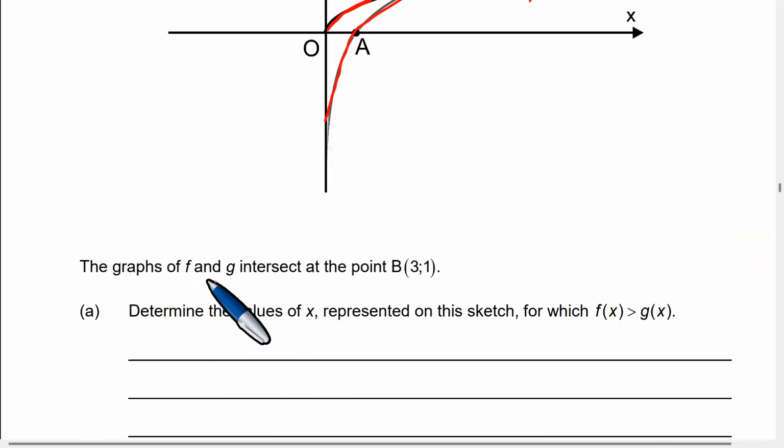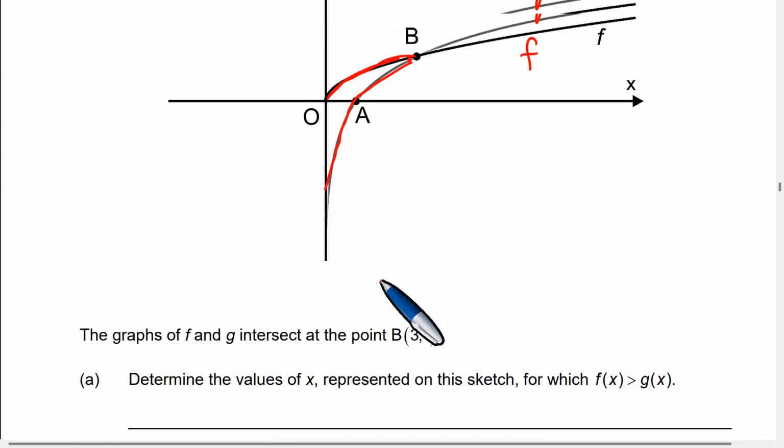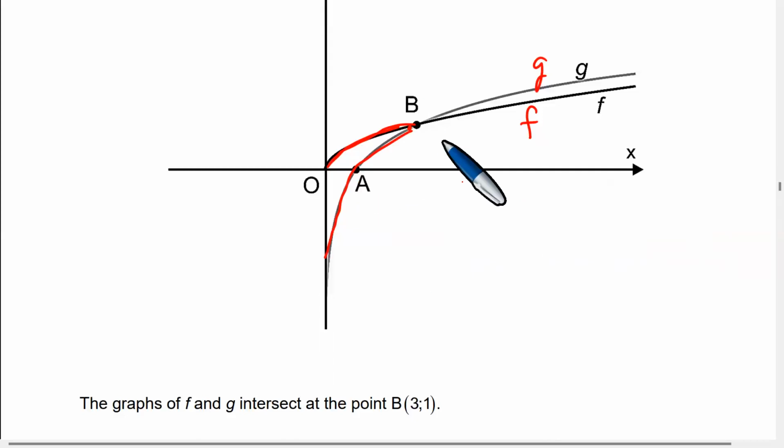The graphs of f and g intersect at point B. B has the coordinates 3 and 1. So x is 3 at this point, and y is 1.